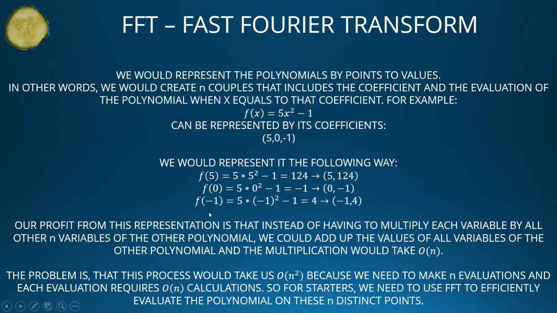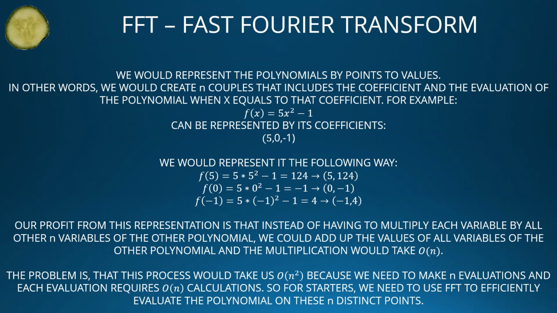And same for 0: 5 multiplied by 0² minus 1 equals -1. So we're getting 0, -1. And finally, for -1, we're getting 5 multiplied by (-1)² minus 1 equals 4. So our point-value is -1, 4.